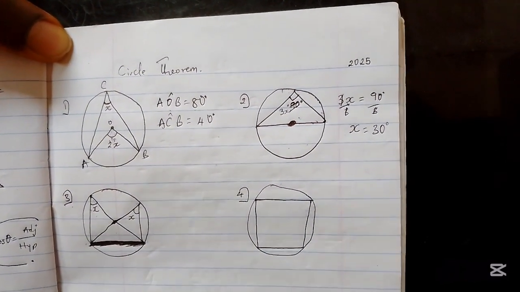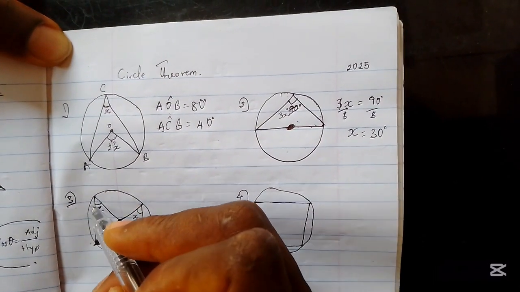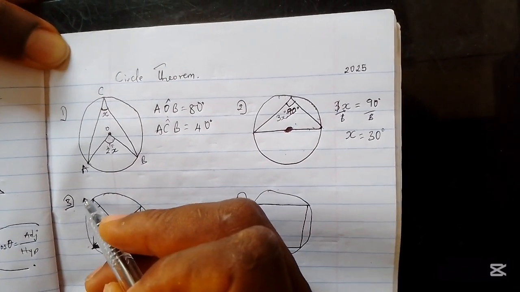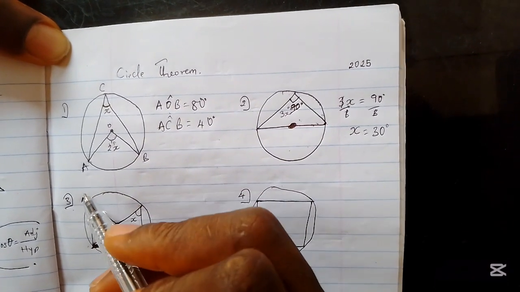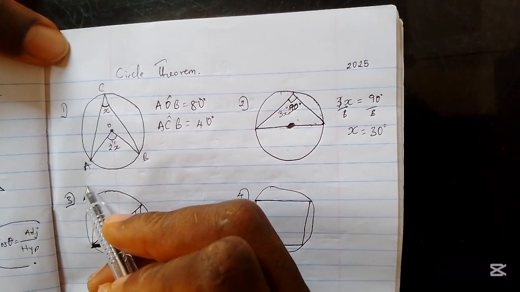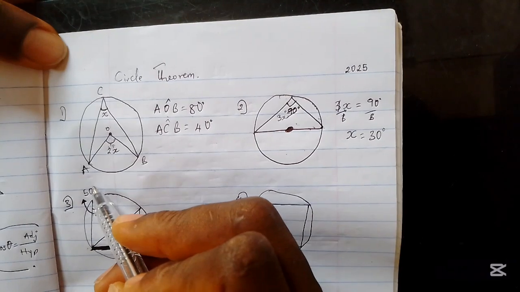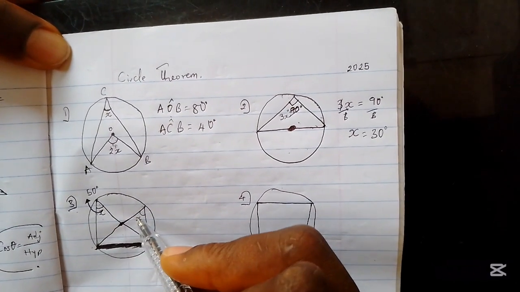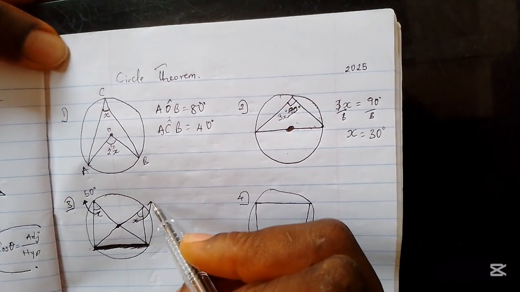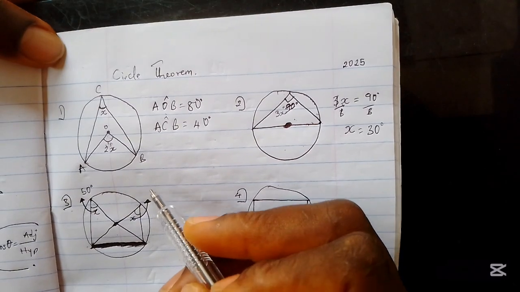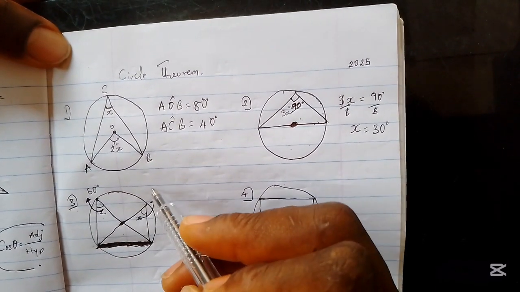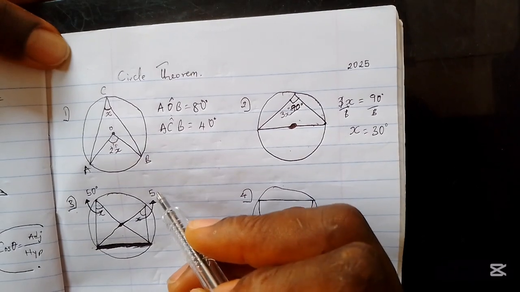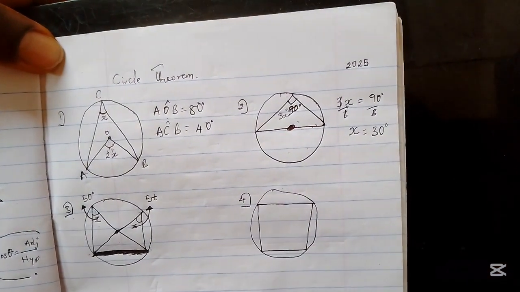So let's take it that the angle formed at this region, let me call it 50 degrees, and somebody might write that the angle here is 5t.